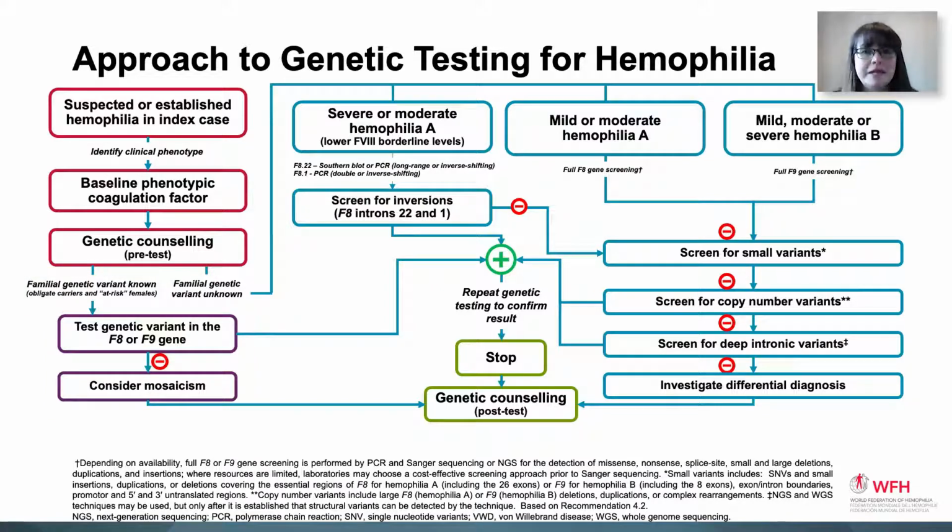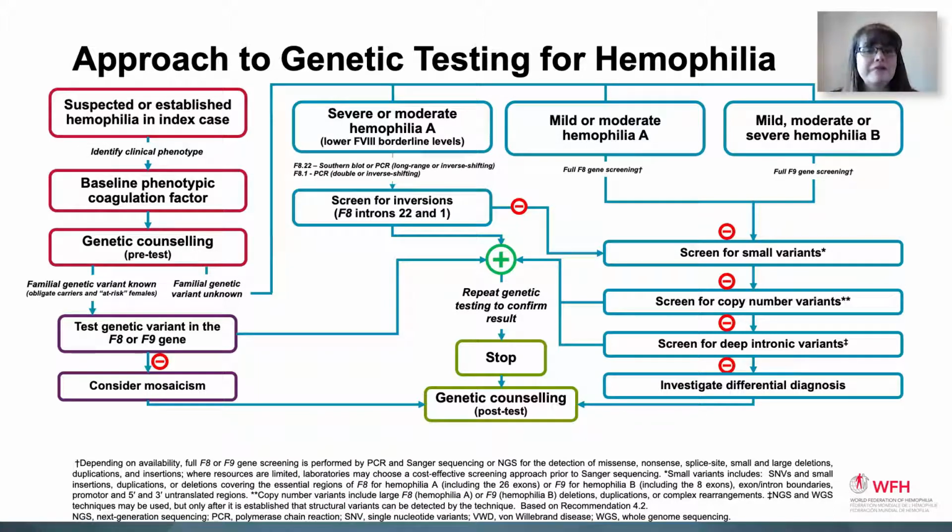The methodologies that we can use to screen for the different variants in factor 8 or factor 9 can vary widely, and there are many different methodologies that are available. In the screening for the intron 22 and intron 1 inversions, we could use, for example, Southern blotting, long PCR, or inverse shifting PCR. And when we are choosing a methodology to use, we need to be aware of the sensitivity and specificity of the approach to detect the target.